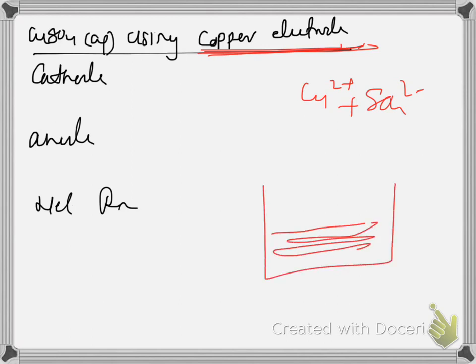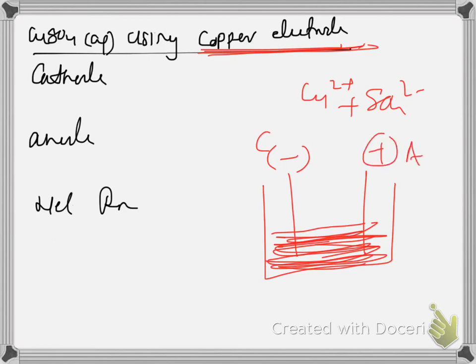We have copper sulfate solution containing H2SO4. Here we have a copper electrode. Here also we have a copper electrode. Here it is the negatively charged cathode. It is the positively charged anode. The reaction vessel contains copper sulfate, Cu2+ and SO4 2−.